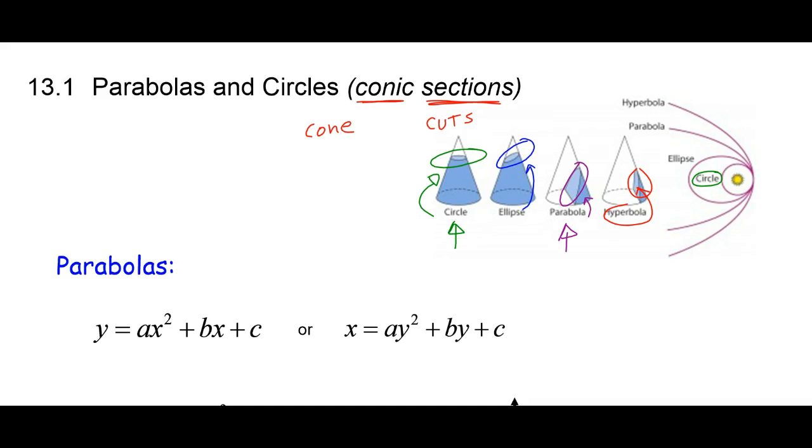In the past, when we studied parabolas, the way we were introduced to them, they looked like this. They had some sort of a squared term. You would have ax squared plus bx plus c. y was equal to that, and you would get a graph. And you should remember generally what those graphs look like. They're sort of an archy kind of shape, and they go up or down based on whether a is positive or negative.